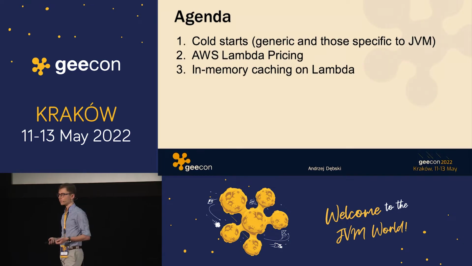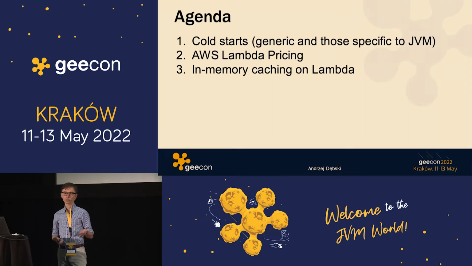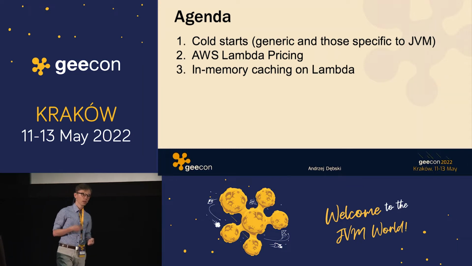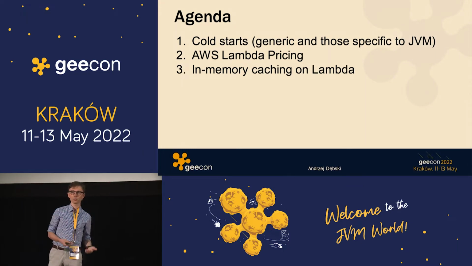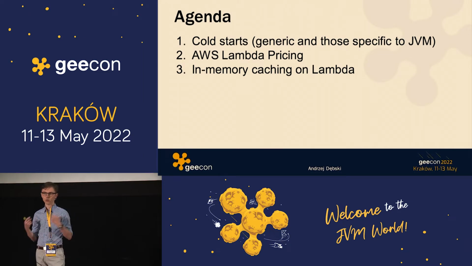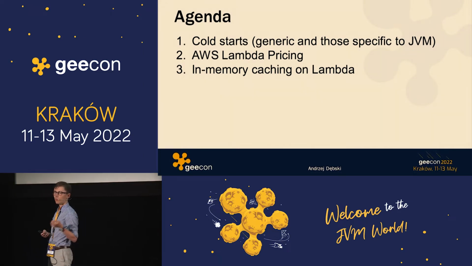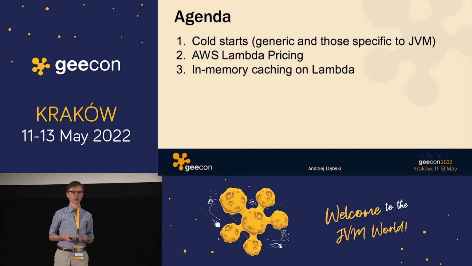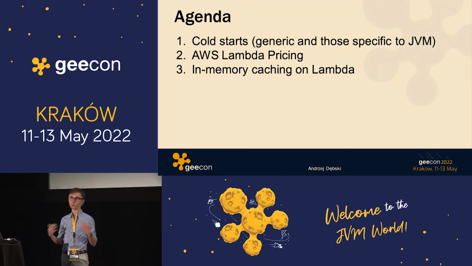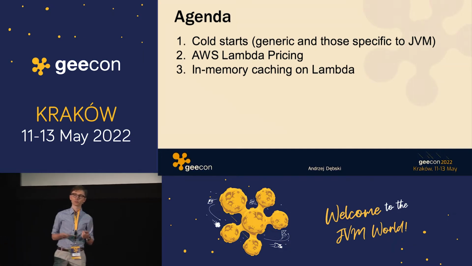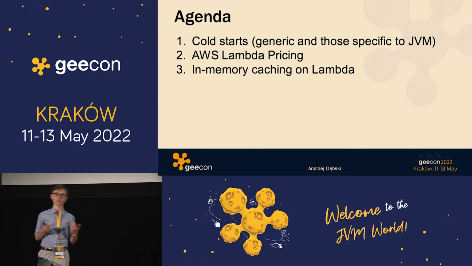Since last year, I've helped to maintain those 2 services, but I've also co-authored 2 additional services on AWS Lambda. Agenda for today. Number 1, cold starts. I'll talk about what they are, what their impact is on the client latency when calling your Lambda, how the JVM makes them even more problematic, and a couple of ideas how you can reduce them to improve the customer experience of your service. Then I plan to discuss the costs or the price of using Lambda and try to answer the question, is Lambda expensive?